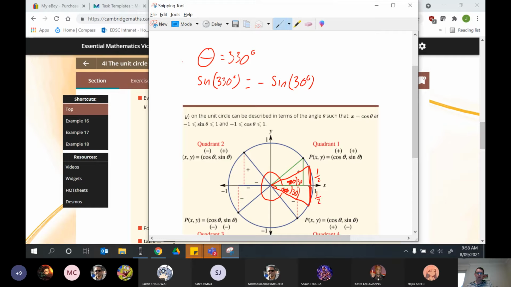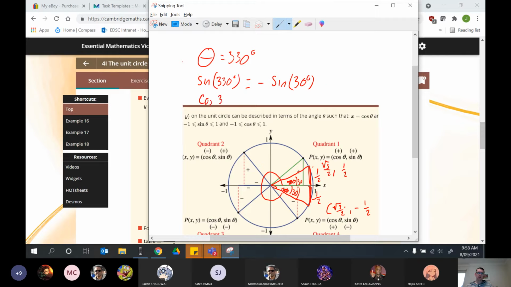That's going to be half as well, the length of this, but in terms of coordinates, that's going to be negative a half. So the coordinate here on this one is going to be root 3 on 2 for cos, and it's going to be negative a half. So this coordinate would be root 3 on 2, and that would be a half. That's why I've got to put the negative in front, because I know that sine 330 would be the same thing as sine 30, but the negative of it.